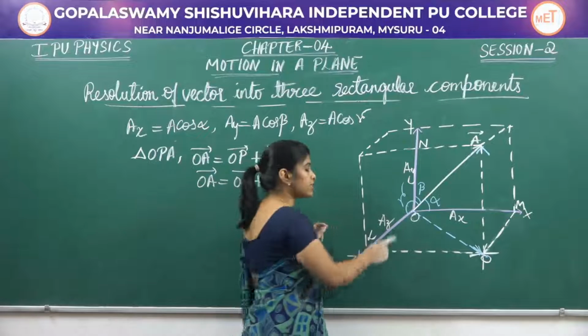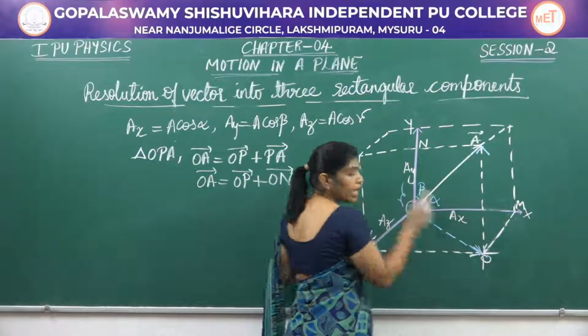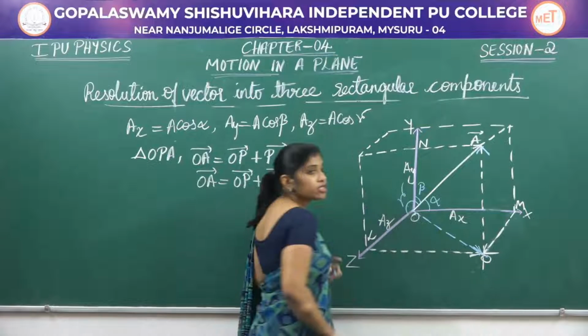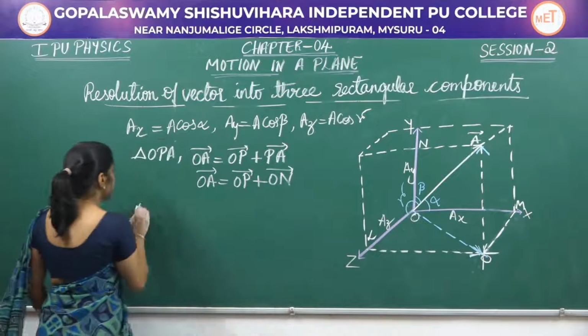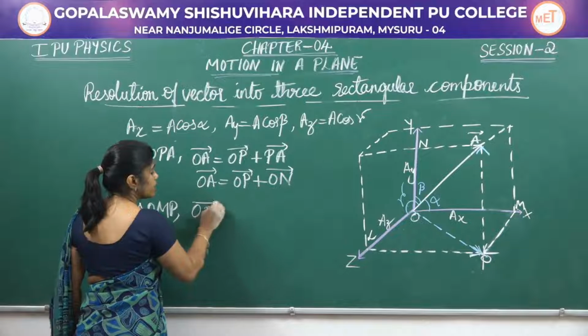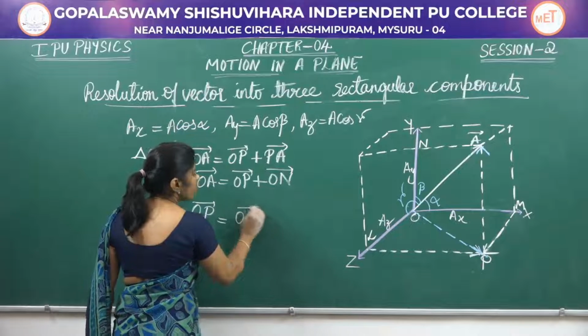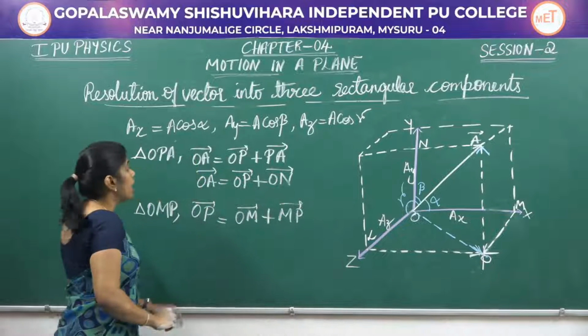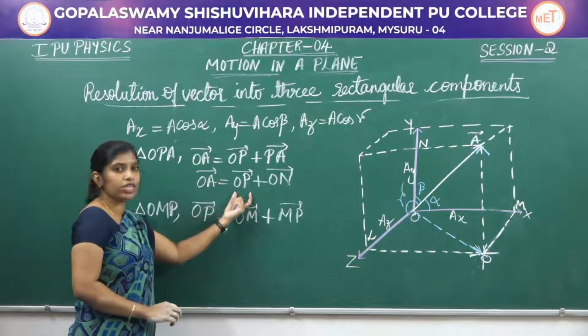If I consider the triangle OMP, then OM plus MP gives me this OP. Therefore, in the triangle OMP, OP is equal to OM plus MP.